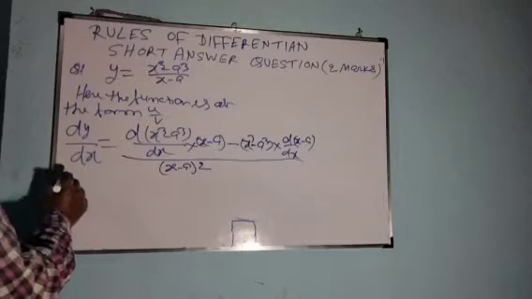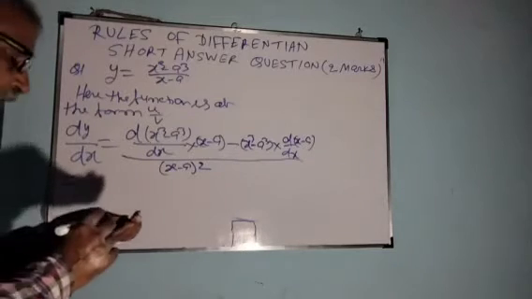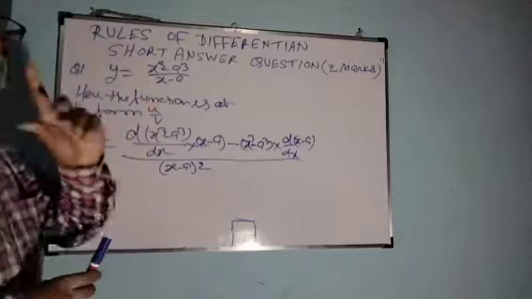We know that DC of the constant term is 0.